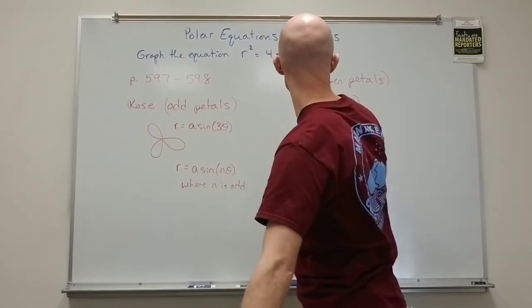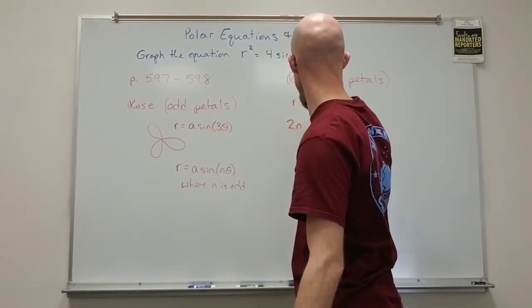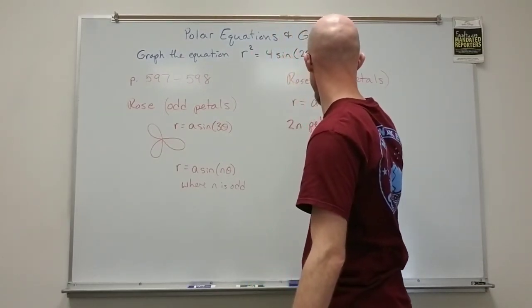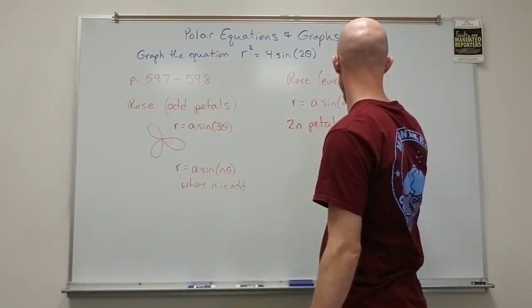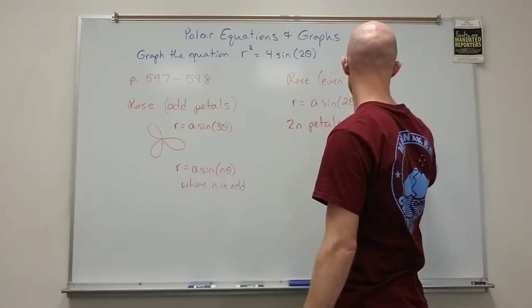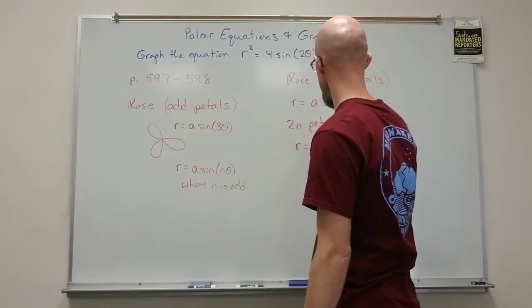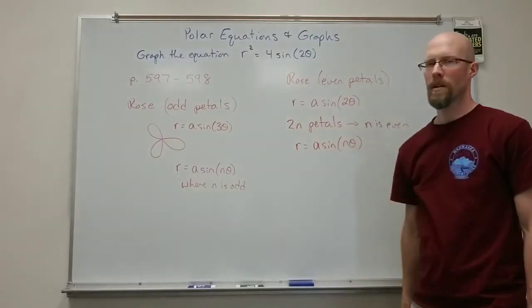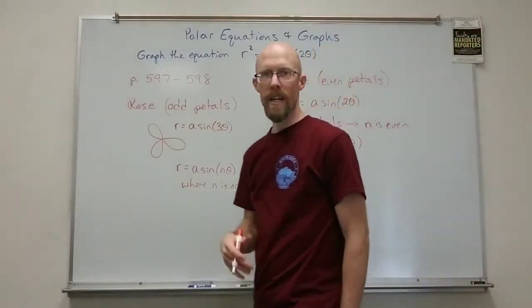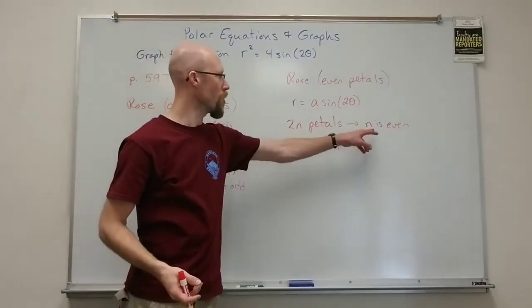So if you have 2n petals, n is an even number, so it's R equals a sine of n theta. Okay? So when n is even, you end up with 2n petals.